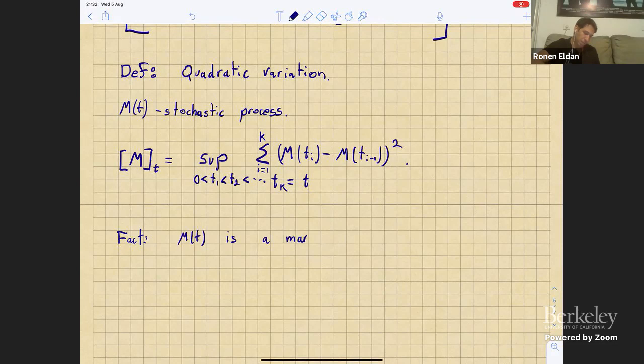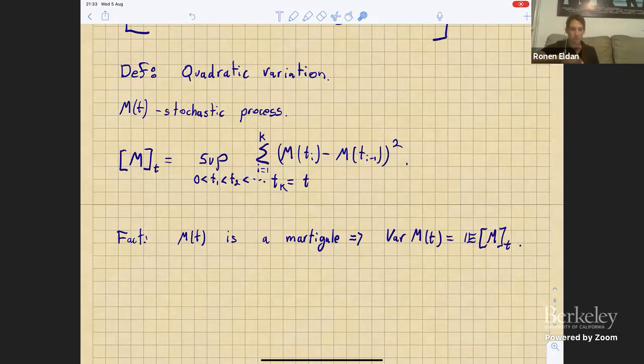So a useful fact is that if M(t) is a martingale, then the variance of M at any time T is equal to the expectation of the quadratic variation at time T. Sorry, the quadratic variation is a random quantity, but it only depends on what the process looks like.